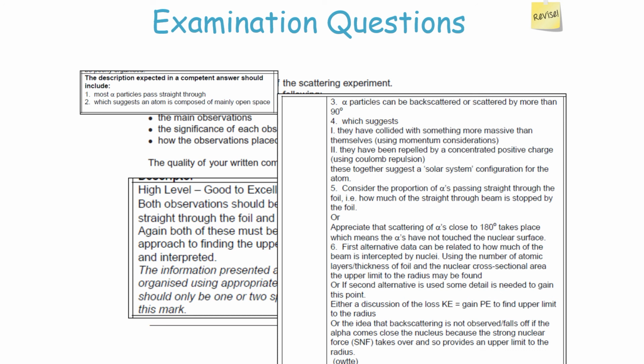It'll be getting close to the nucleus, but it won't actually hit it. So it gives a value for the nuclear radius larger than it should be. So always remember that when you're considering the Coulomb idea, the conversion of kinetic energy into electrical potential energy, it's in fact not going to hit the nucleus, so it provides a larger value for the nuclear radius than you would get if you worked it out by other methods.